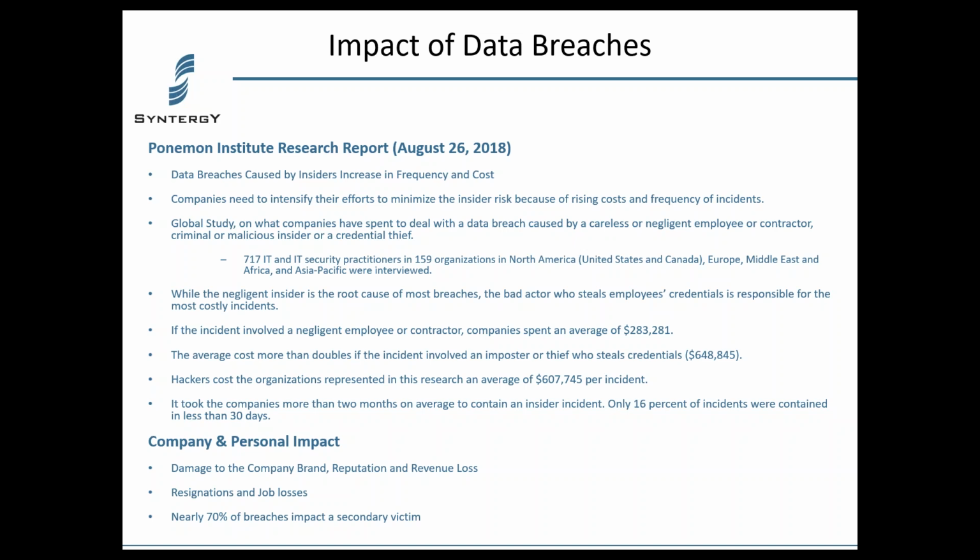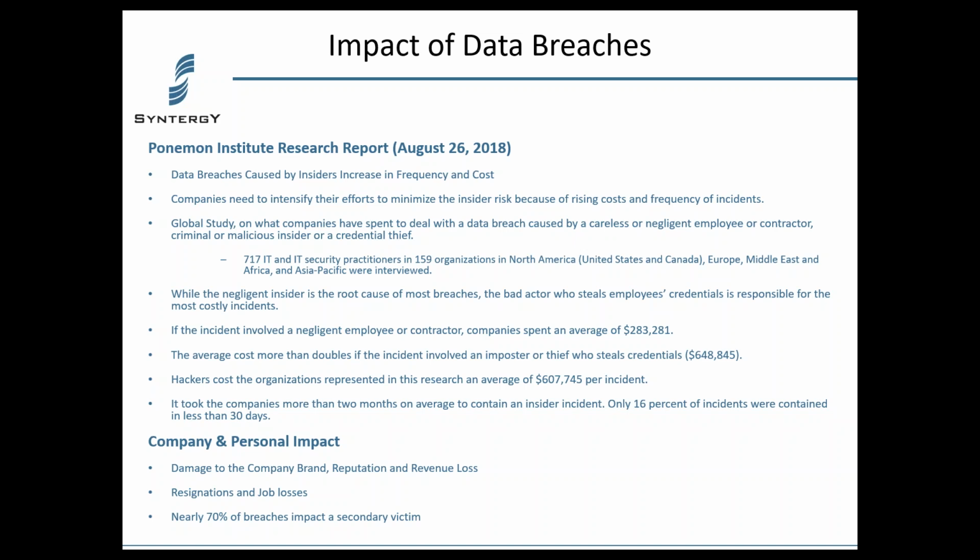According to the research, if the incident involved a negligent employee or contractor, companies spent an average of $283,000. The average cost more than doubles if the incident involved an imposter or a thief who steals credentials, which is approximately $648,000.